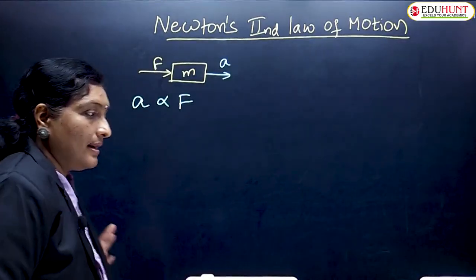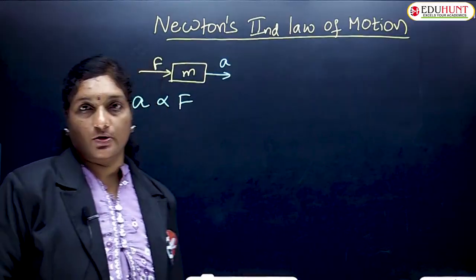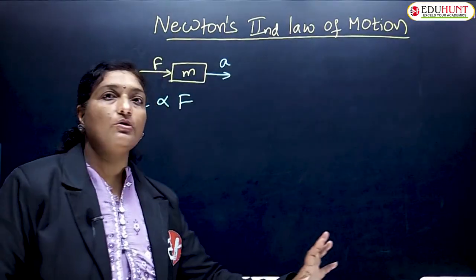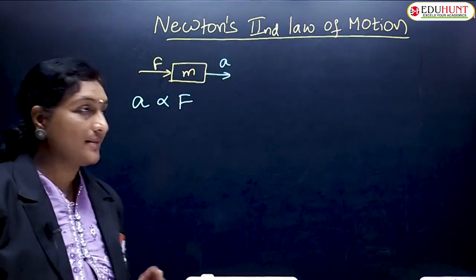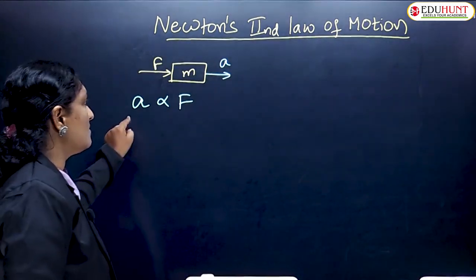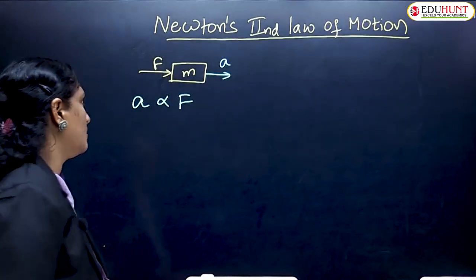That means less amount of force applied, less amount of acceleration is produced on the body. Large amount of force applied, large amount of acceleration is produced inside the body. That means the acceleration produced in the body is directly proportional to the force applied on the body.